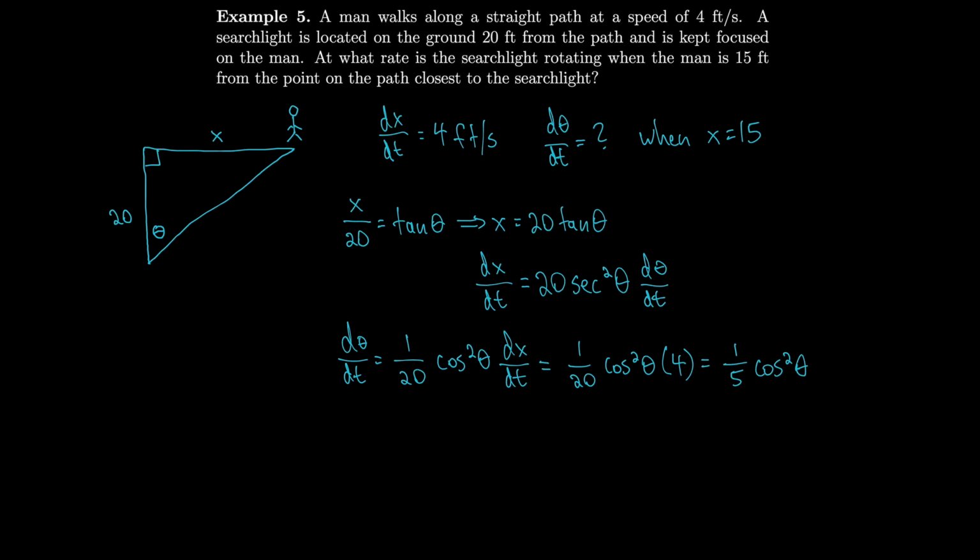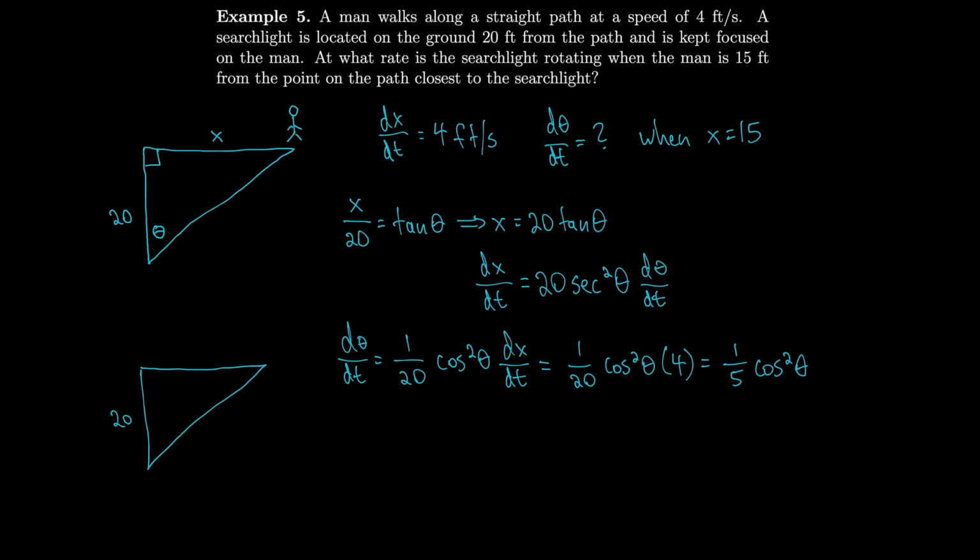But now we have a cosine squared theta, and we don't know what theta is when x is 15. So we could plug in 15 over here and then do arctangent to cancel out tangent and give us theta. But another method is just to draw a triangle, figure out what cosine is, and plug that in directly.